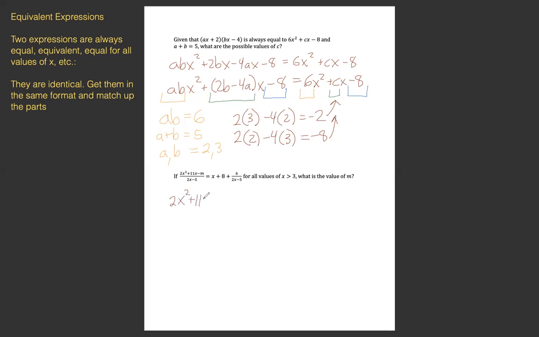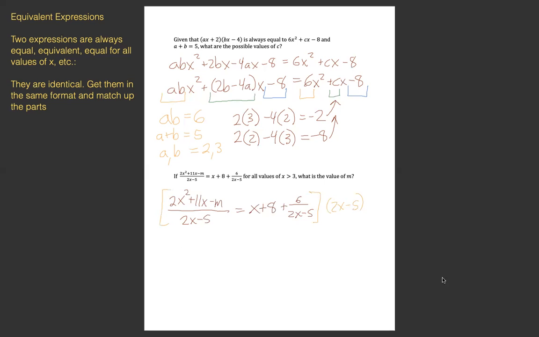I know from having done these that that's going to be a useful step, but let's just do this and you'll see in a moment where we end up here. Okay, so what we're going to do is multiply everything in here by 2x minus 5 on both sides.